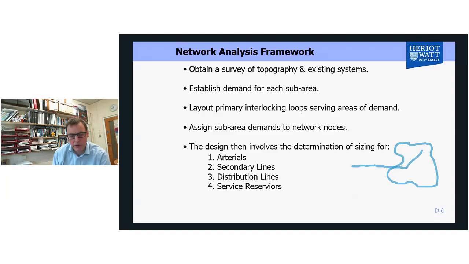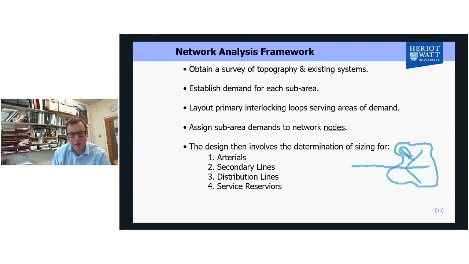If your network is like that, like your drainage network might be, then if you have a problem at a point there, all this area is without water.